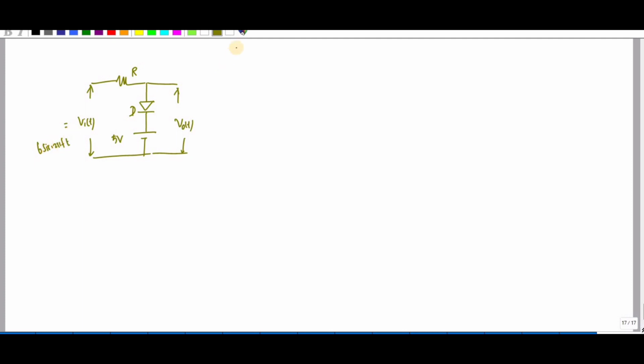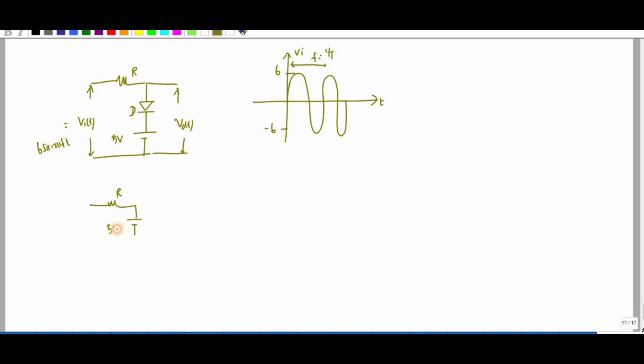So this is your input signal, which is ranging from 6 to -6 volt. And this is your frequency. So what about the output? This is 0.7, so I can write this one as 5.7, right?